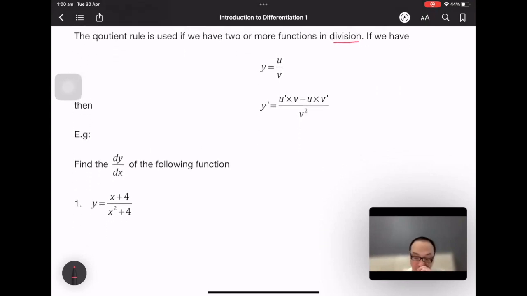The rule is if y equals u over v, the y prime is similar with product rule, but now it's minus instead of positive. Yeah, if you remember, product rule is u prime v plus u v prime. In here, it's negative. So u prime v minus u v prime over v squared.